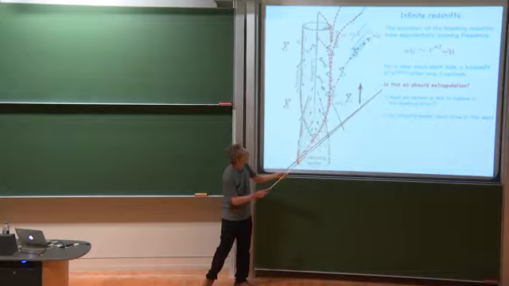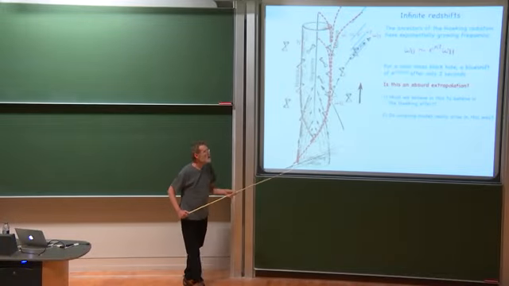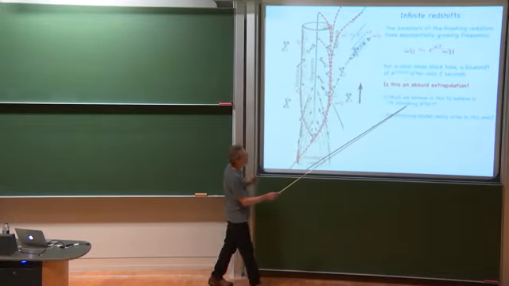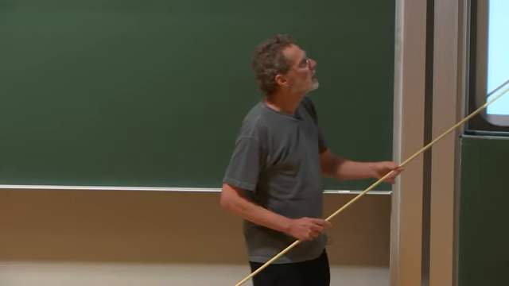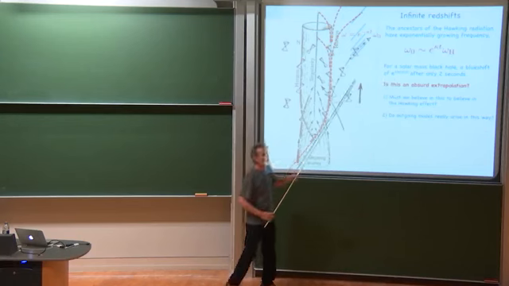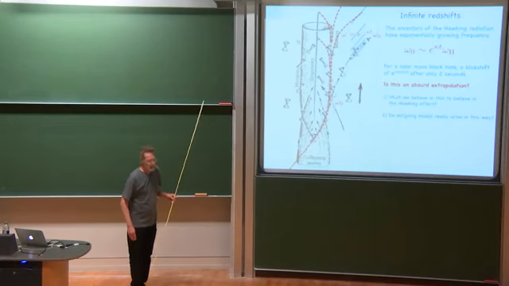So the question is, is this an absurd extrapolation? More importantly, must we believe in it to believe in the Hawking effect at all? And a second question is, is this really how outgoing modes emerge from a black hole? Do they really come from essentially infinitely blue-shifted progenitors?